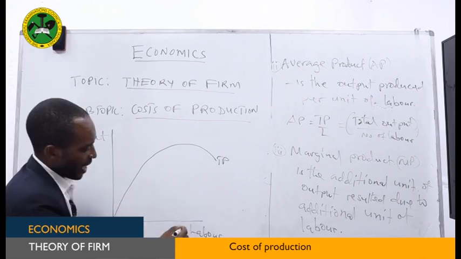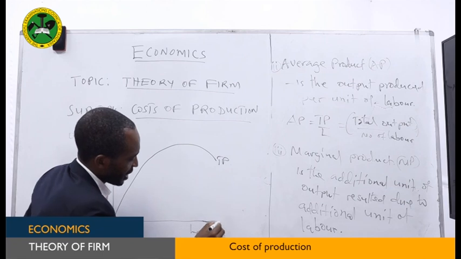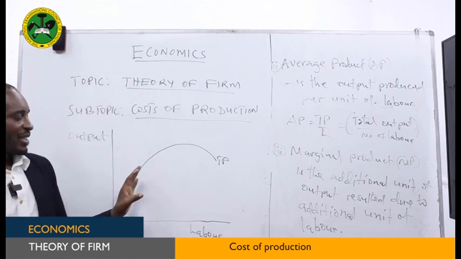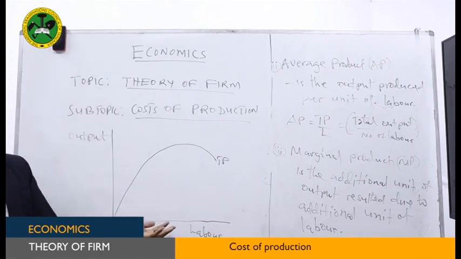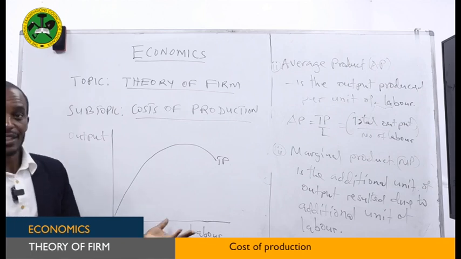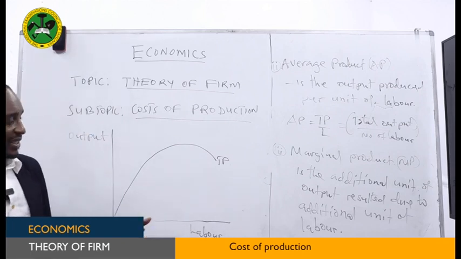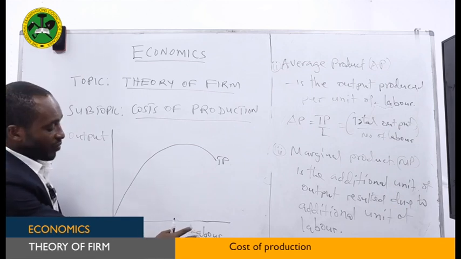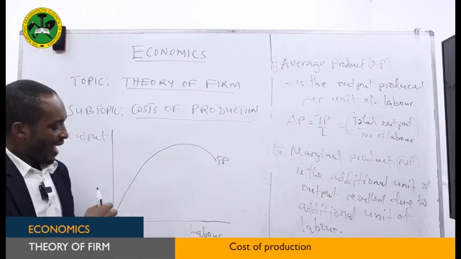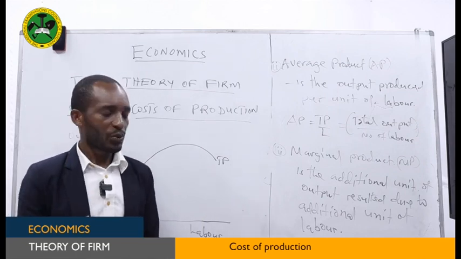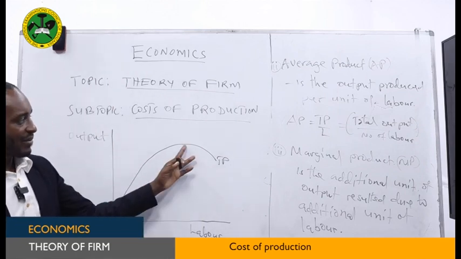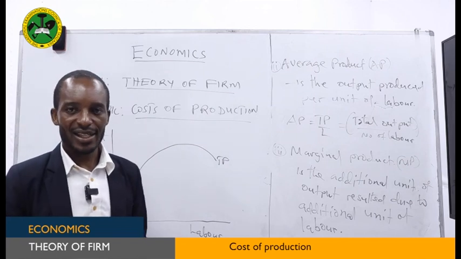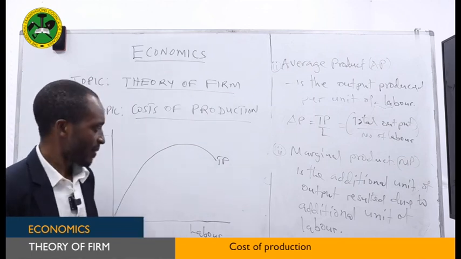So we assume now we are operating in the short run. Here it means some factors are fixed, especially capital, machines or buildings. It means when you employ more units of labor, the additional output will reach a maximum, then will start to decline or diminish.